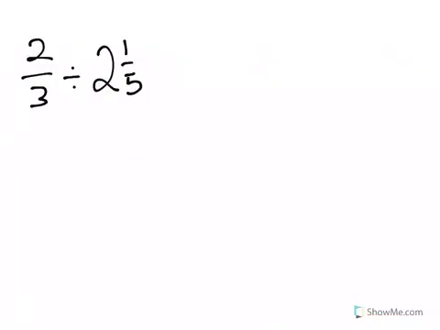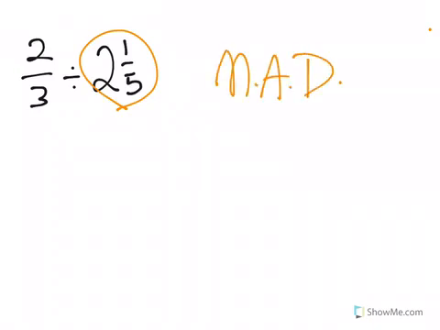Okay, let's do at least one more example here. First things first, we've got 2/3 divided by 2 1/5. I've got to convert this into an improper fraction. So we're going to do our multiply, add, denominator stays the same. Multiply 5 times 2 is 10, plus 1 gives us 11, denominator stays the same.